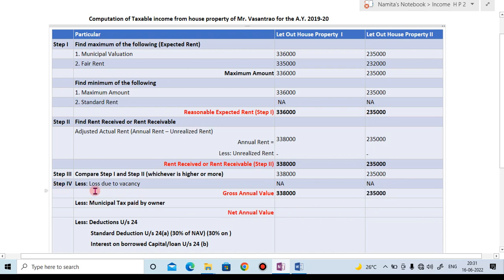Okay, so there are no losses. From step 3 we have to less step 4, but in step 4 there is no amount, there are no losses, hence directly gross annual value is 3,38,000 for house number 1, and for house number 2, 2,35,000.